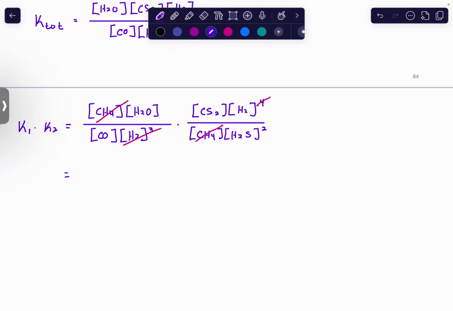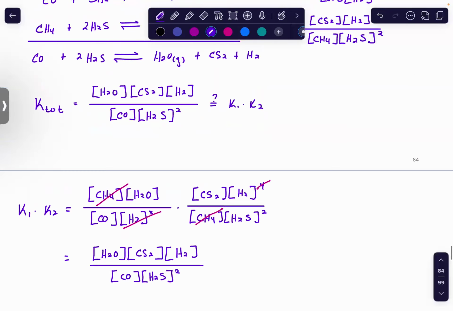CH4 is going to cancel out CH4, and we're going to end up with, and if we look, that's exactly what our K total is. So yeah, when you add together chemical equations, you do multiply their equilibrium constants all the way through.